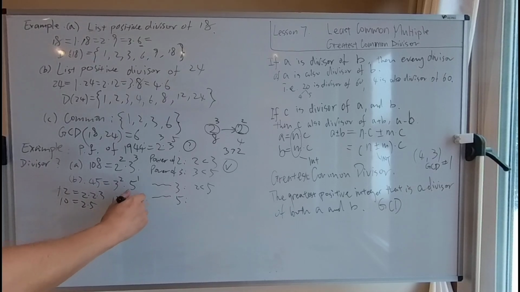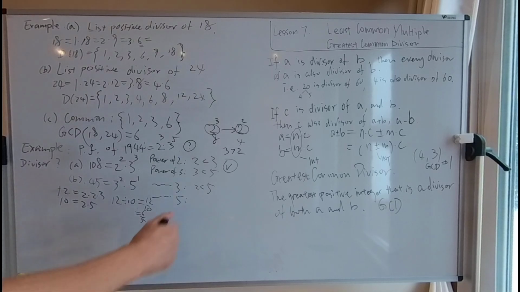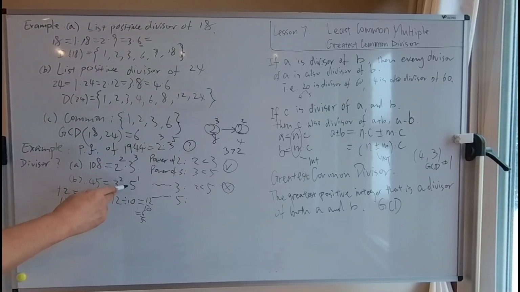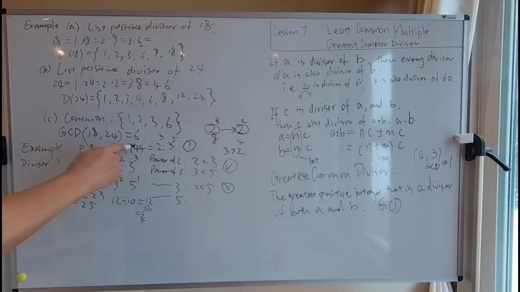It's 1.2, or 12 over 10, which is 6 over 5. So it's not an integer, so it's not divisible. This can be explained either as the division, or by comparing the prime factors. If you have a factor that does not exist in the bigger number, or the original number, then you are not a divisor of that number.